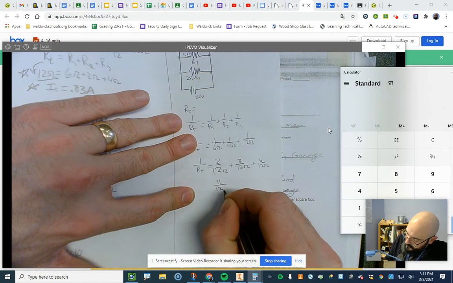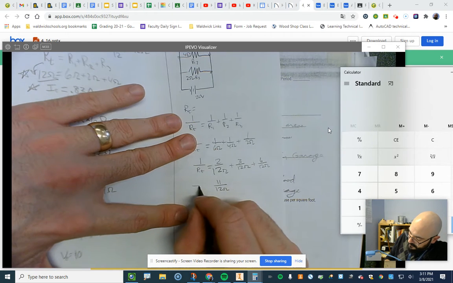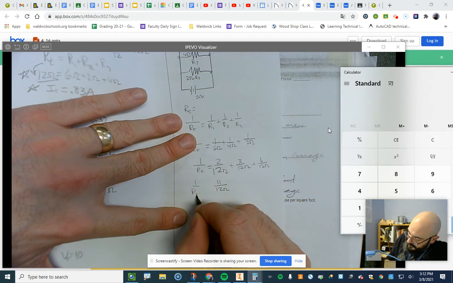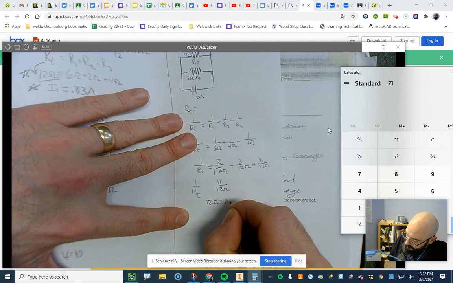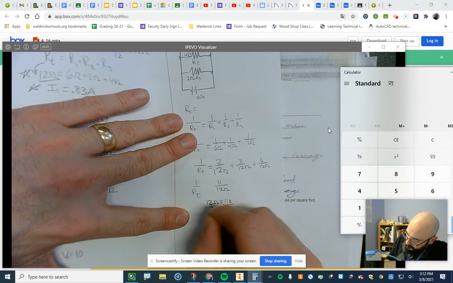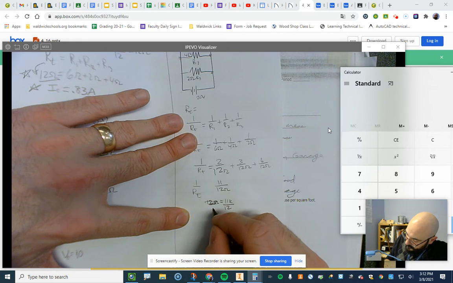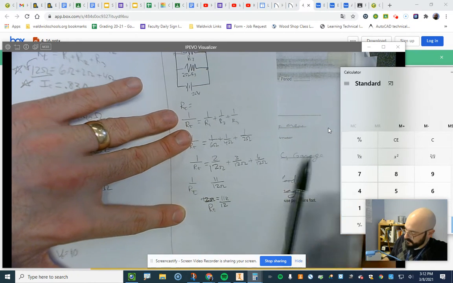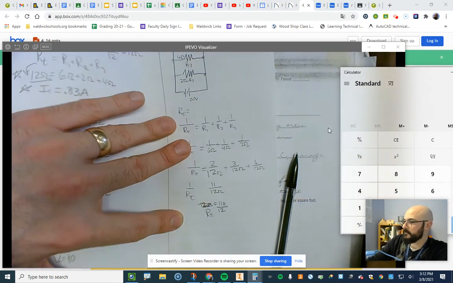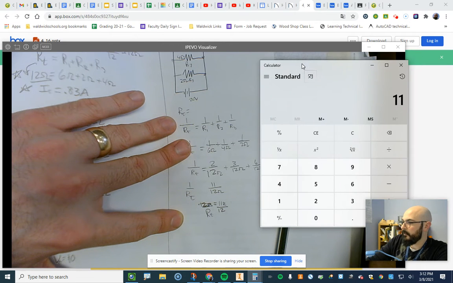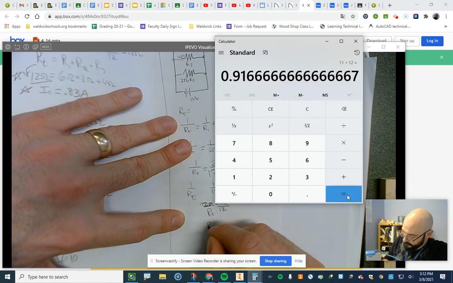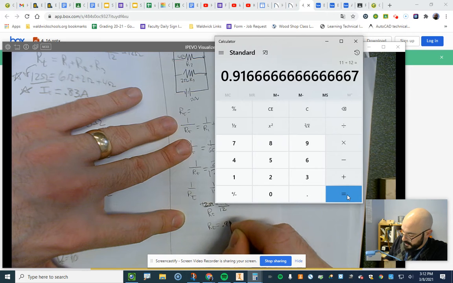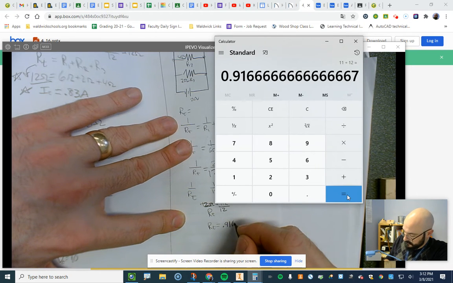Okay, 11 over 12 ohms. And 1 over RT. So we're going to divide that out. Whatever. RT equals 11/12. RT equals 0.916 repeating.